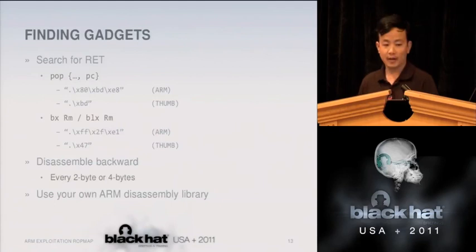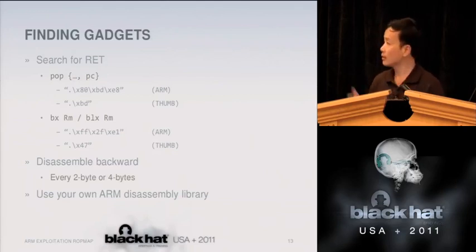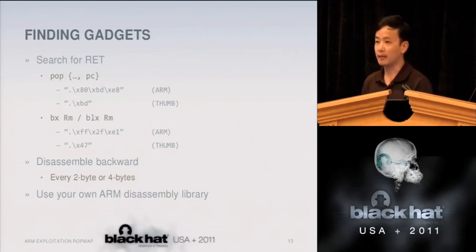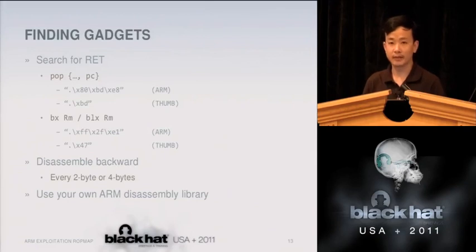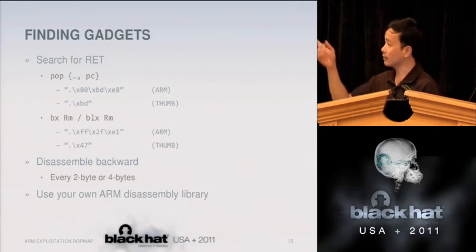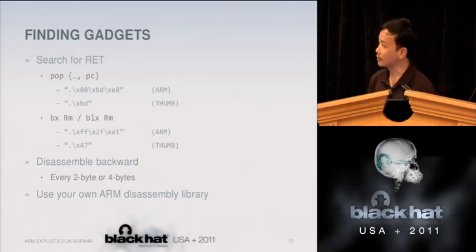In order to find the gadgets, the algorithm will be the same as on x86. You just search for a ret-equivalent instruction here, like pop something PC. And for indirect return gadgets like BX or BLX to a register, we have the pattern represented in Python regular expression format.